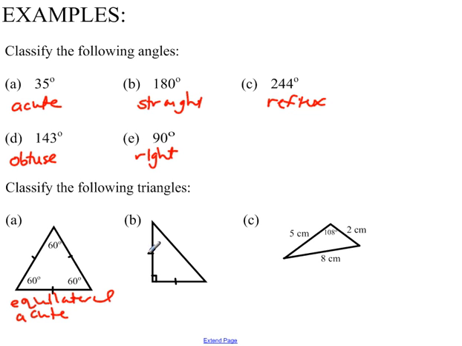This one here, two sides are the same, so that is isosceles. And there is a 90-degree angle, so it is a right isosceles triangle. And this one here has three different sides, so it is scalene. And it has one obtuse angle, so it is called an obtuse angled triangle.